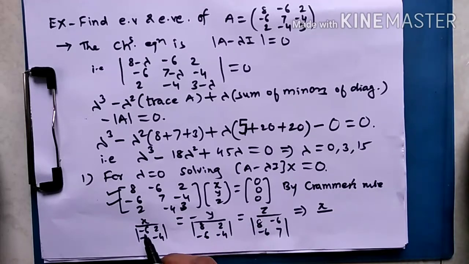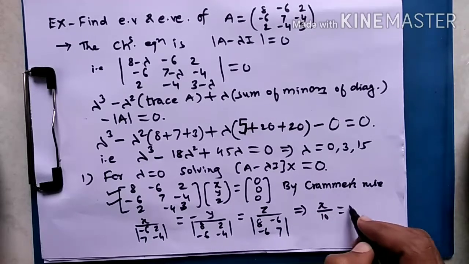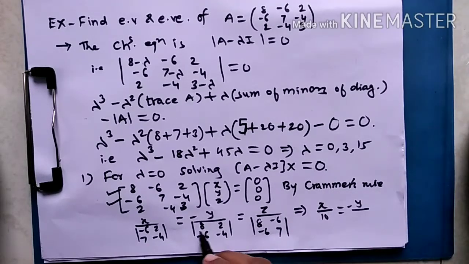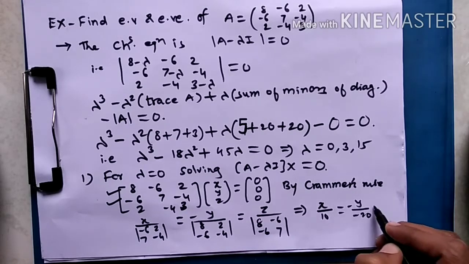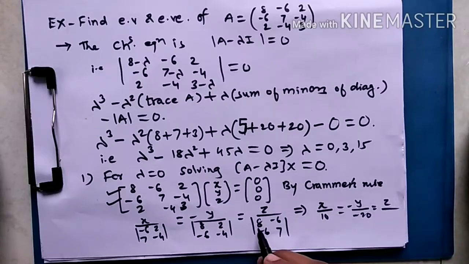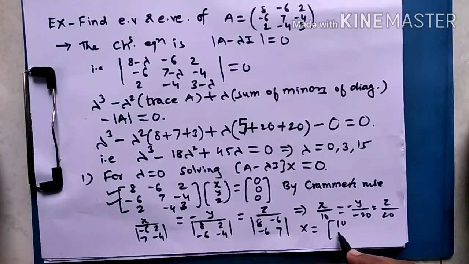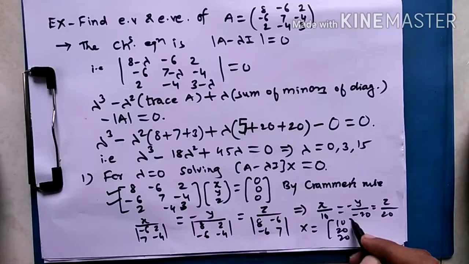So X will be 24 minus 14, that is 10. Then negative Y will be minus 32 plus 12, so it is minus 20. And Z will be 56 minus 36, so again 20. So the required eigenvector is 10, minus into minus, plus 20, and again 20.